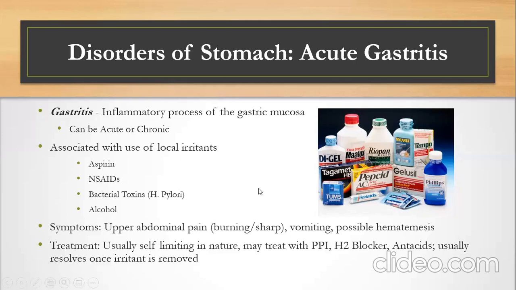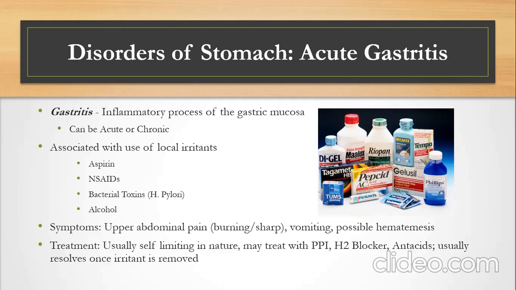It's usually associated with the use of irritants, aspirin and NSAIDs, like we talked about, gonna put you at risk for gastritis. Bacterial toxins, H. pylori especially, but again, you can get gastroenteritis, gastritis from eating something bad with other different bacterial toxins.